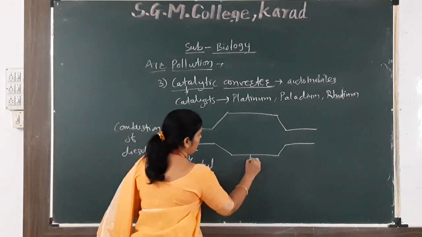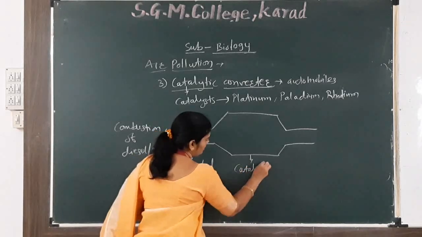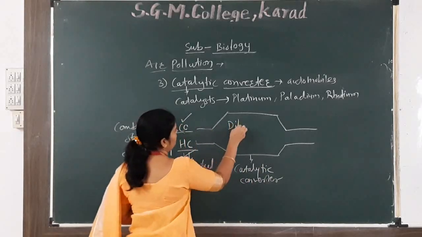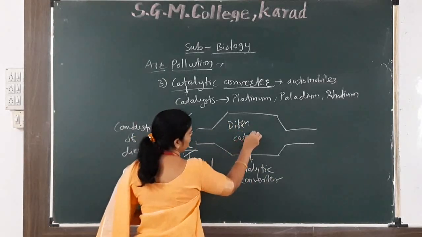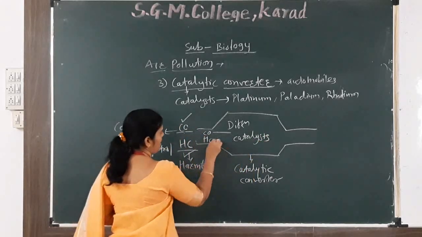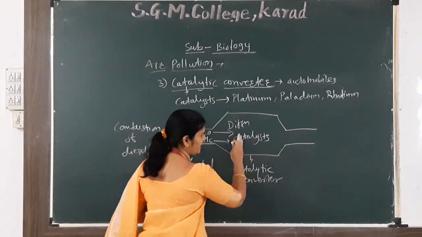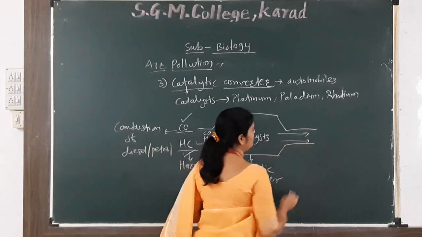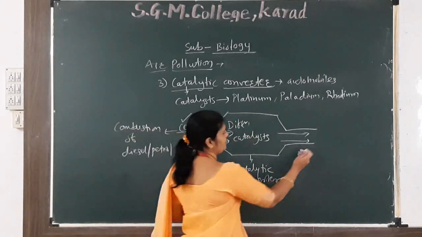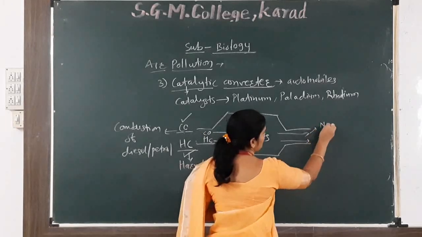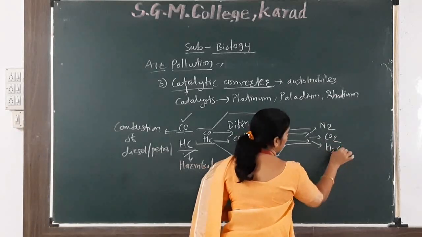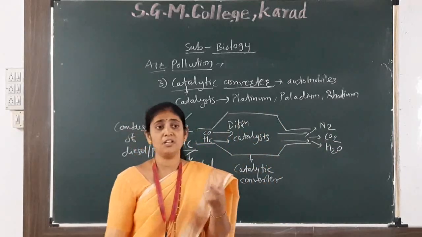This is the catalytic converter having different catalysts. These CO and hydrocarbons are passed through this catalytic converter, and different reactions take place in it. The gases coming out are nitrogen, carbon dioxide, and water vapors.